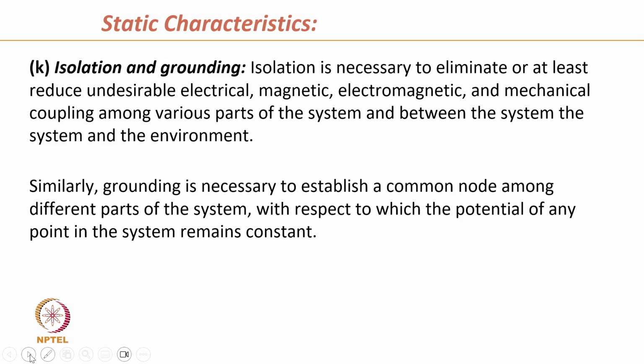Next is isolation and grounding. Isolation is necessary to eliminate or at least reduce undesired electrical, magnetic or electromagnetic, and mechanical coupling. When we connect sensors to some electronics, that electronics may be working at a different voltage than the sensor. For example, the sensor works at 5 volt, but the processing unit, let us say a computer or some electronics, works at 12 volt.